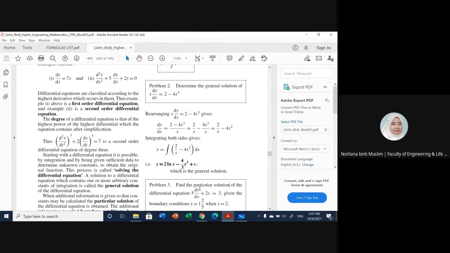So the first solution that you will reach is the general solution, and from the general solution you will reach the particular solution. In order to get the particular solution you need to use the initial value given in the problem. Can you see the difference?